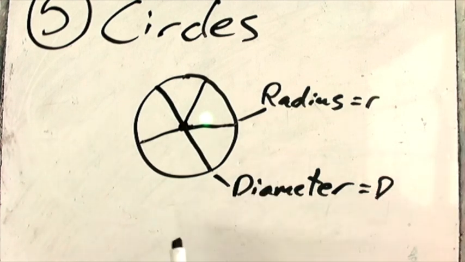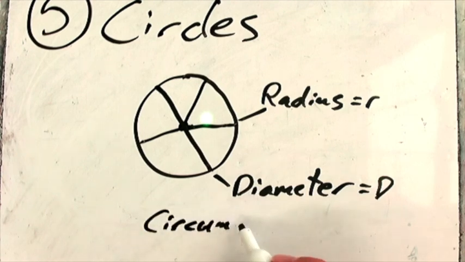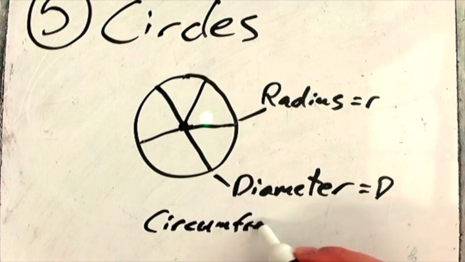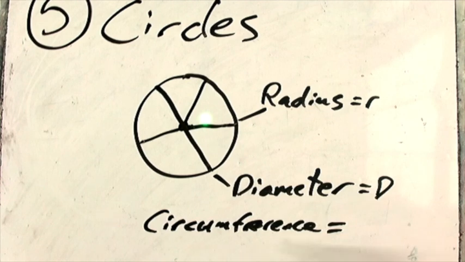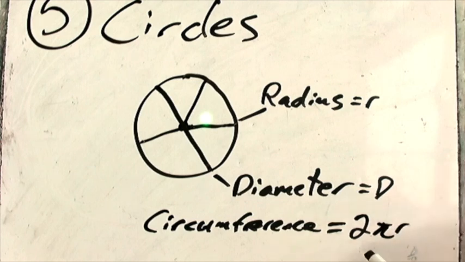Now, there's going to be two kinds of questions that I'm going to give you. One is the circumference. So the circumference here is equal to 2 pi r or d pi.